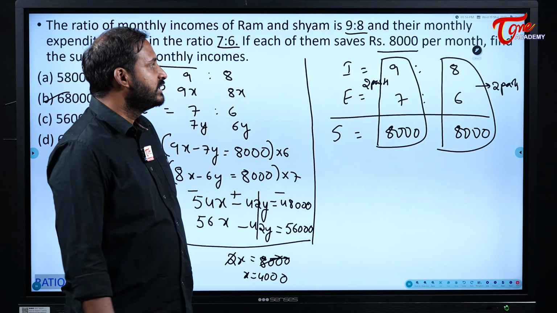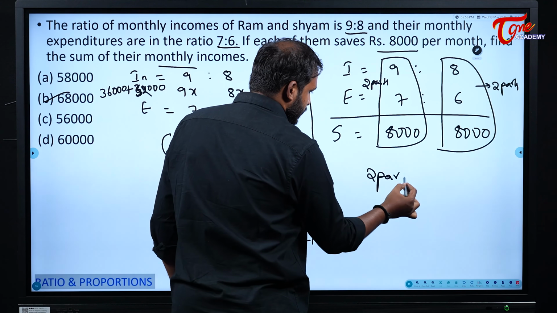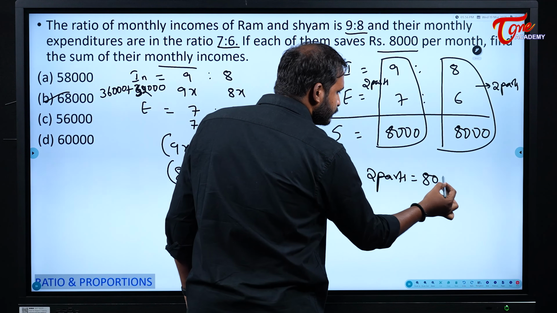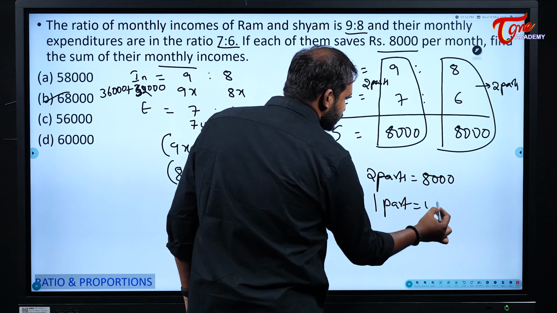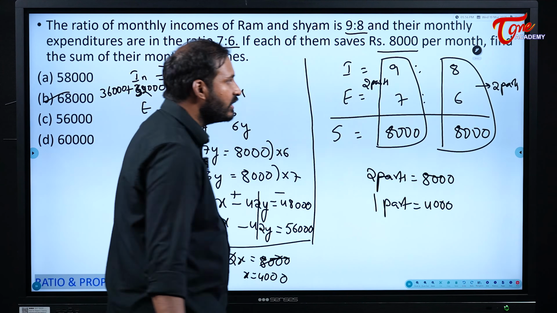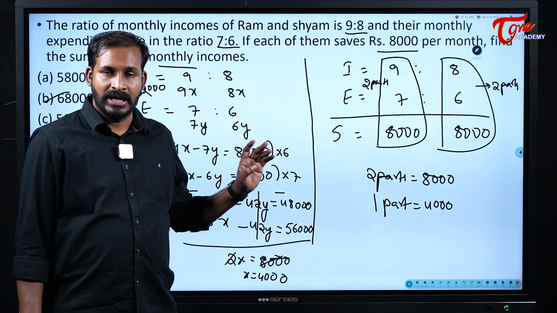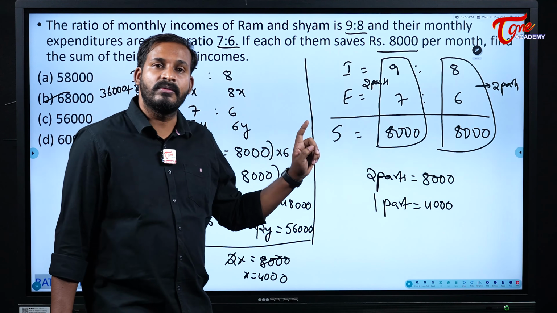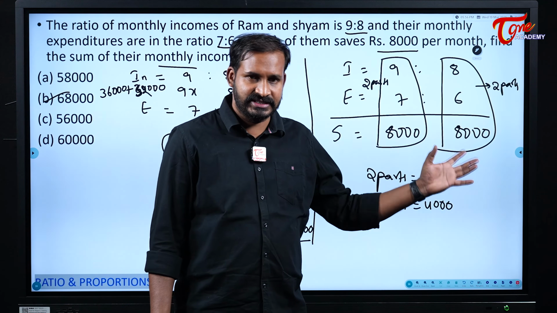So that means we can directly take that these 2 parts are equal to 8,000. So one part becomes 4,000. Generally, it may or may not be equal, but in general, we can make them equal. We will see that later.